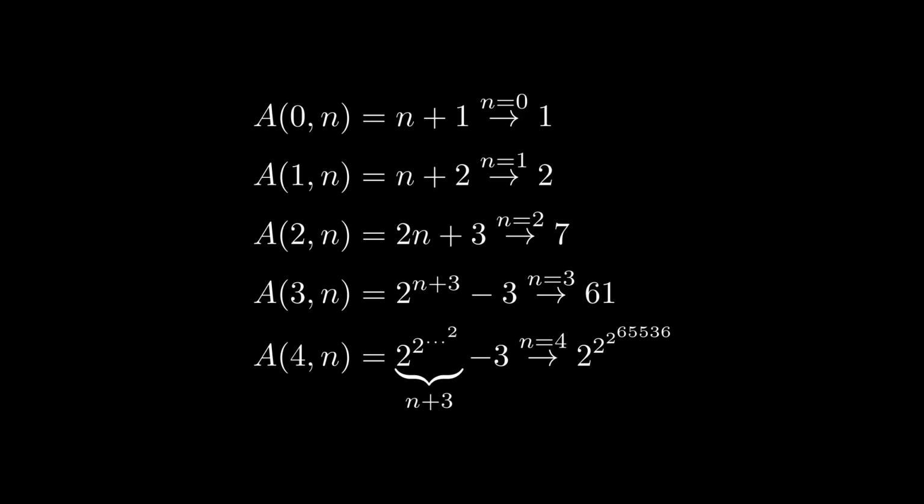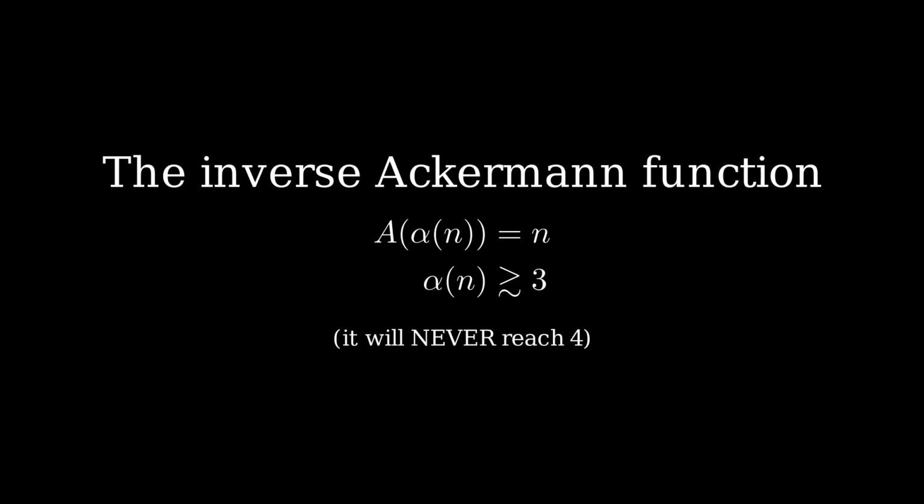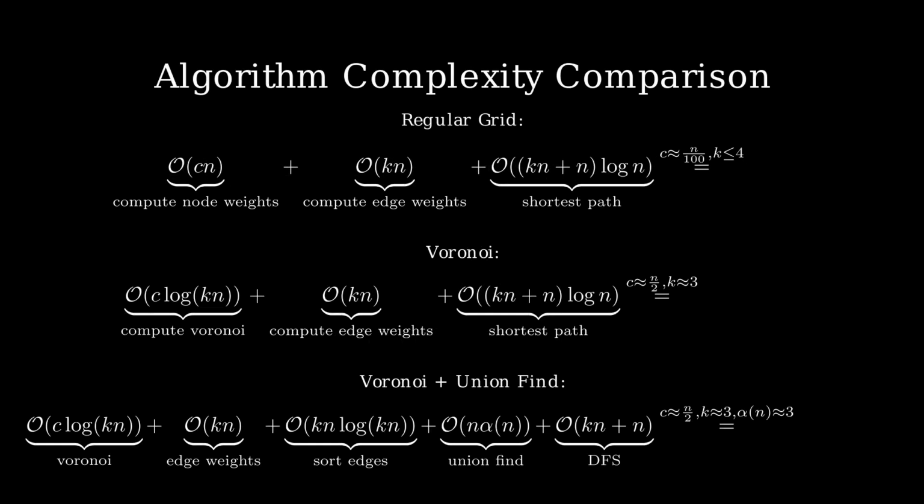The last number is not even computable, it is too big. And the inverse of the Ackermann function is defined as this. As n is for us the number of nodes, we can safely say it is around 3, but it will never go over 4.